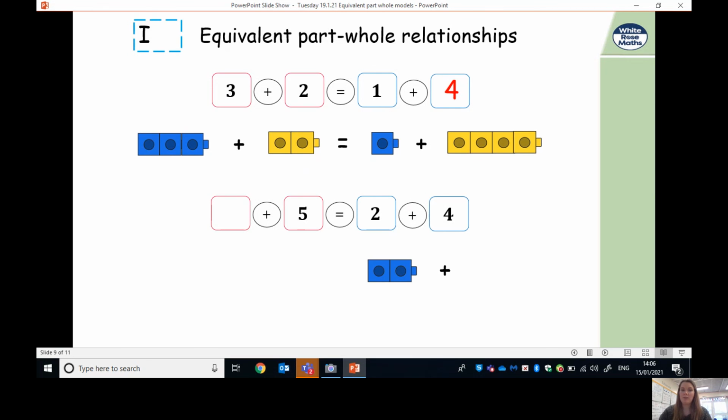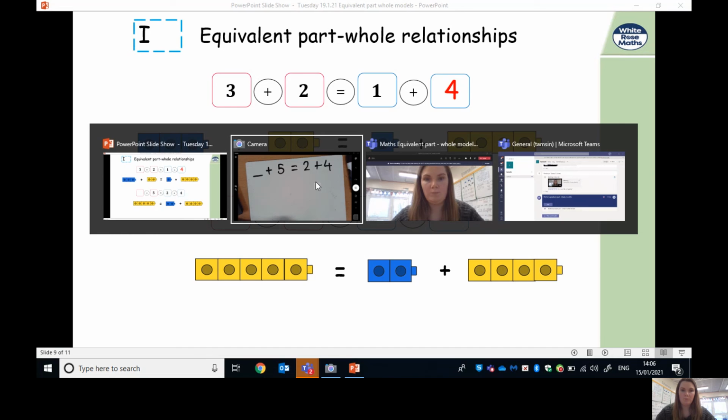All right, let's try and figure out what this one is trying to make. So our sum this time says 2 plus 4 is the same as 5 plus something. So we've got to make our sum first. So we are going to write our sum. Something plus 5 is the same as 2 plus 4.